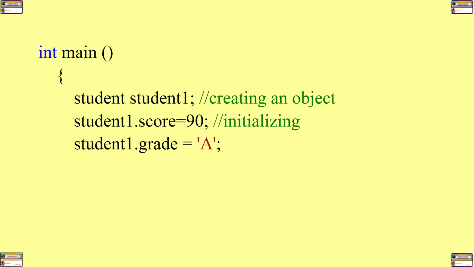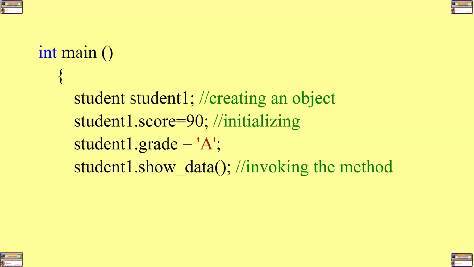Similar to the next statement here, it simply means pick value A, then store it in the member called grade which is in the class that is accessible through the object called student1. By so doing, those two statements have already initialized the two data members of the class called student, which is accessible through the object called student1.